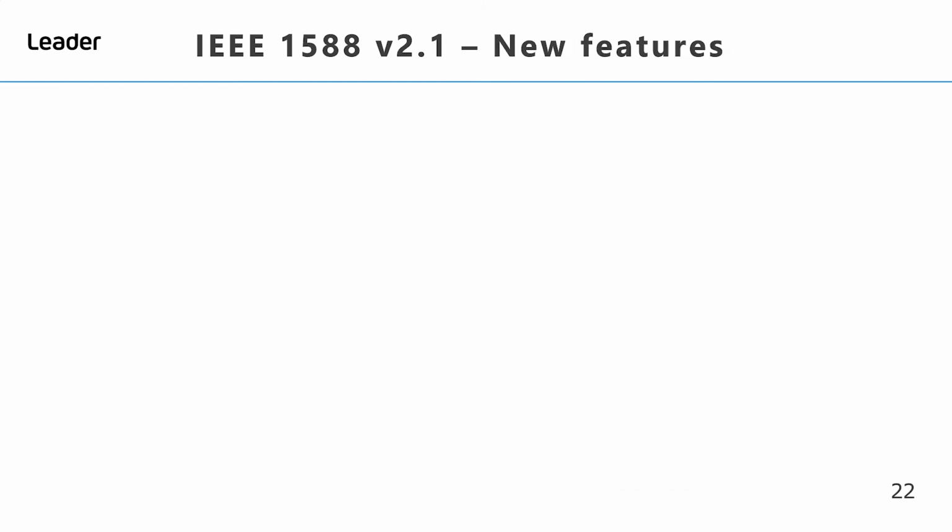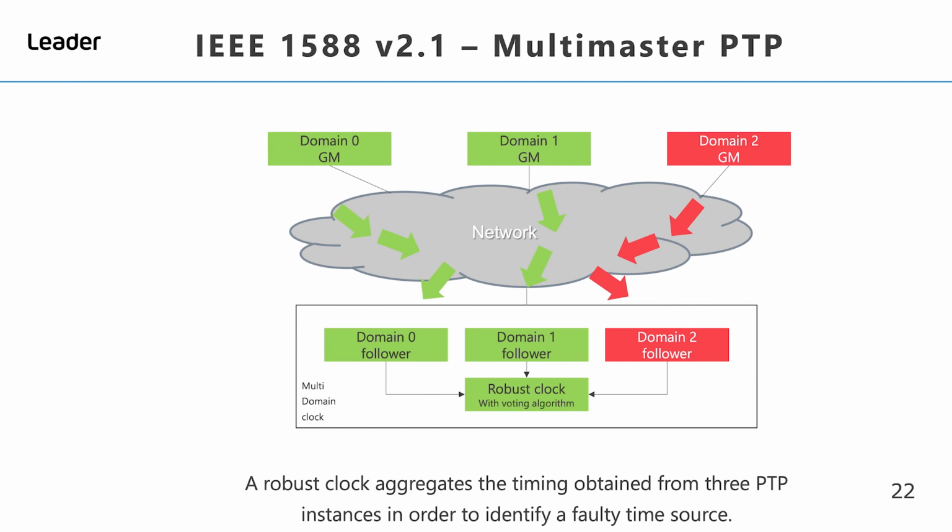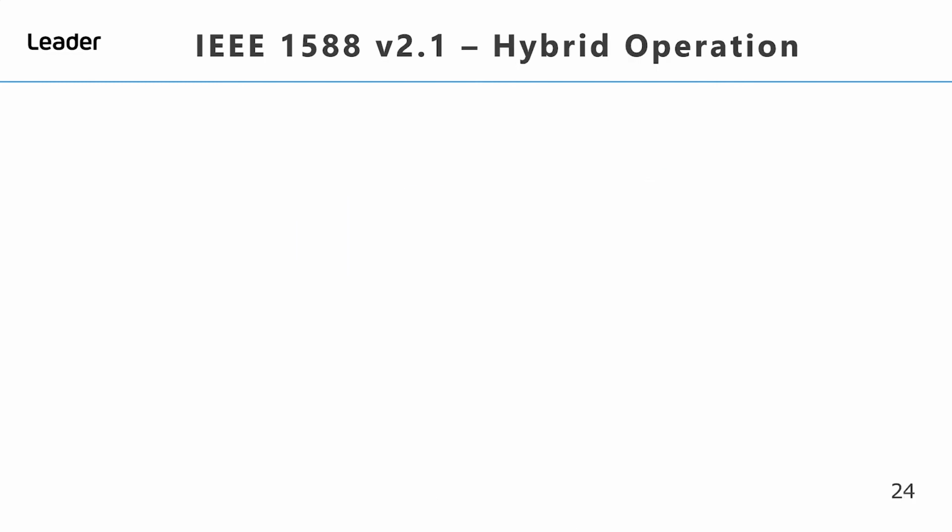So let's take a look at some of the new features included in IEEE 1588 PTP version 2.1. So first we have multi-master PTP. A robust clock aggregates the timing obtained from 3 PTP instances in order to identify a faulty time source. Hybrid operation.